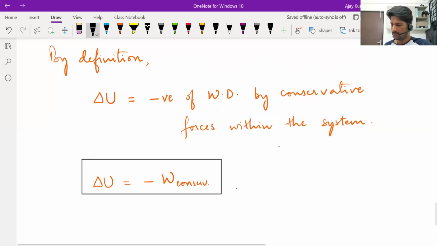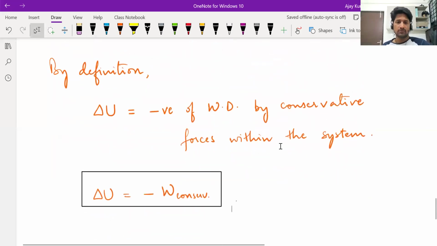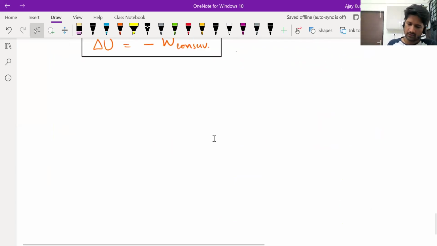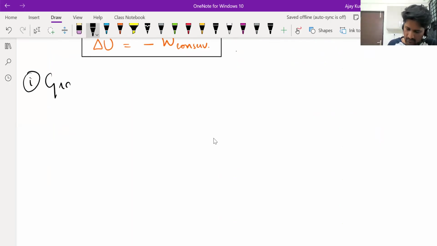I want you all to note down this formula: change in potential energy delta U is negative of work done by the conservative force. Hope you have noted. Now, let's first derive an expression for gravitational potential energy.